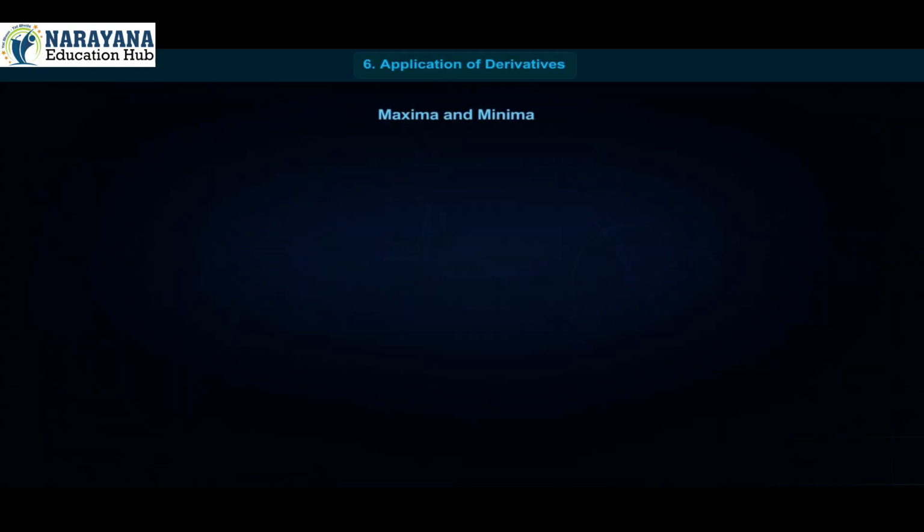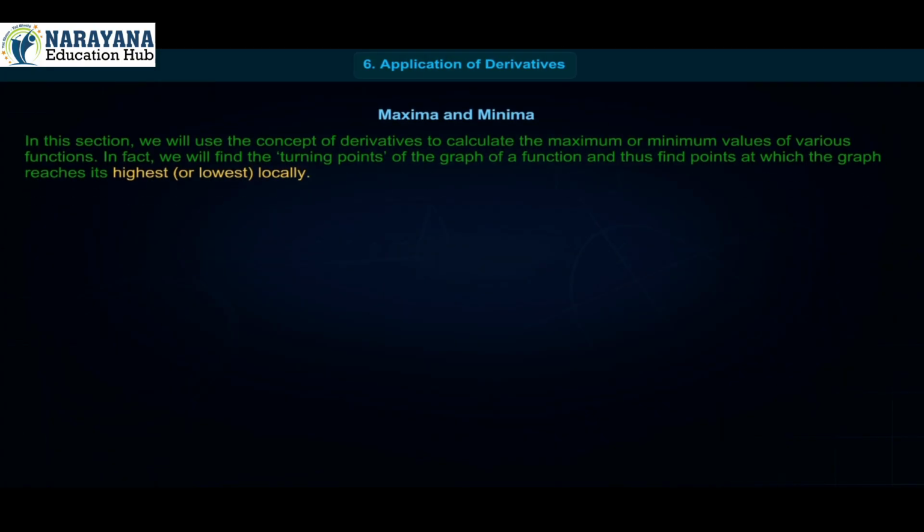Maxima and minima. In this section, we will use the concept of derivatives to calculate the maximum or minimum values of various functions. In fact, we will find the turning points of the graph of a function and thus find points at which the graph reaches its highest or lowest locally.